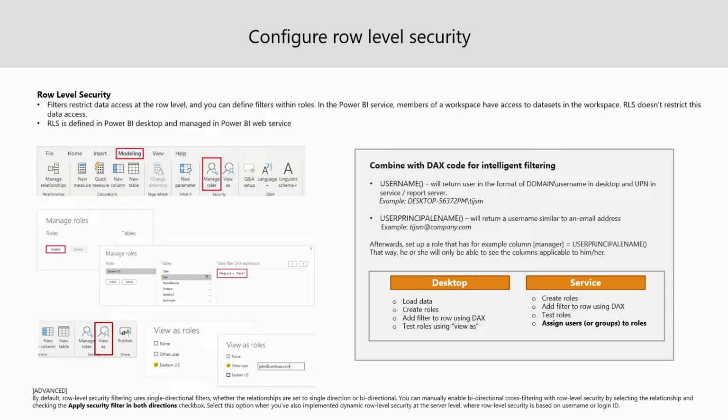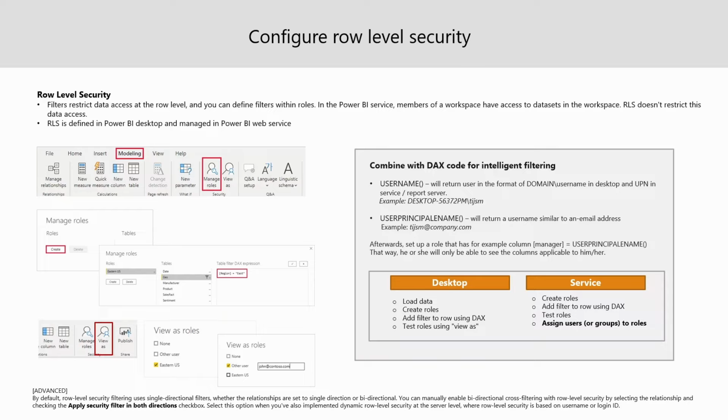We can also test our role if we go to View As and then select our role. Two things to keep in mind: when using DAX, there are specific functions created for adding more detail and granularity to our row level security.